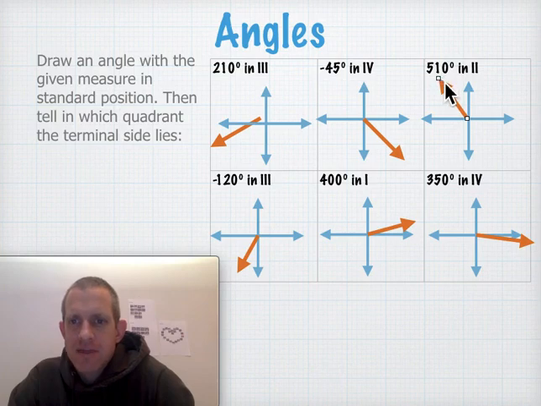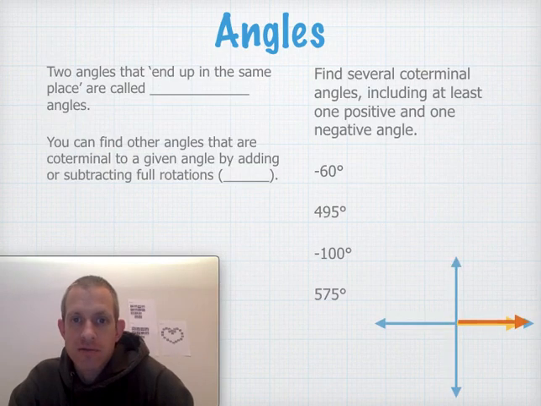That concept that this angle of 510 and what really is 150 degrees, those angles, 150 and 510, have a relationship. Those angles are called coterminal angles.